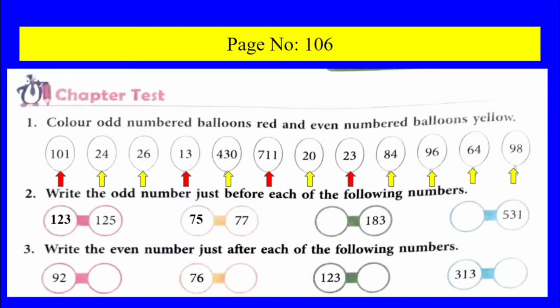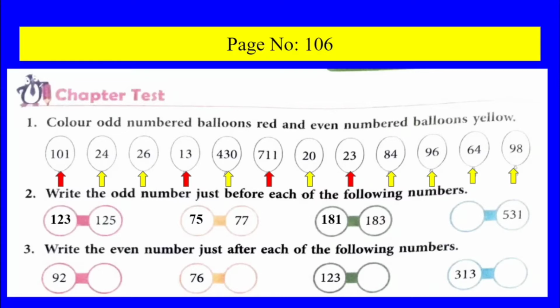Very good, 181. So is 181 an odd number? Yes, 181 is an odd number because it ends with the number 1. So 181 is the odd number just before 183. So we will write 181 here.